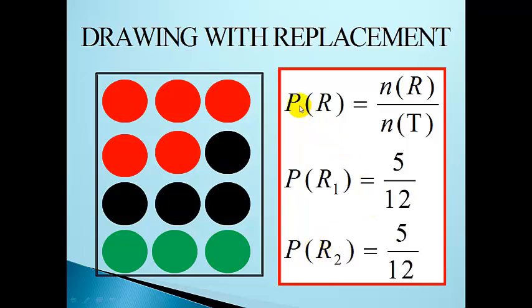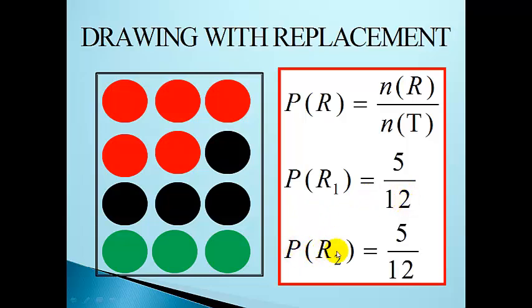Now, the probability of picking a red ball will be equal to the number of red balls divided by the total number of balls. So probability of R1 means that the first ball to be taken from the box is red. And because the number of red balls is 5, the probability of R1 will be equal to 5 over 12.